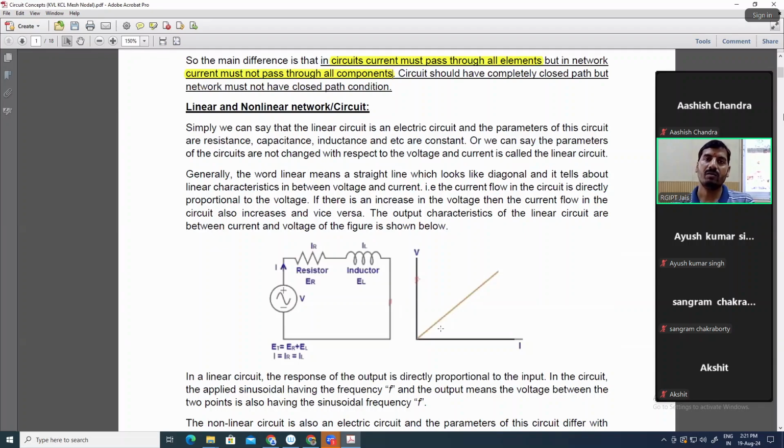And the relation between voltage and current must be linear. It means V by I, that is, the ratio of voltage and current must be constant.